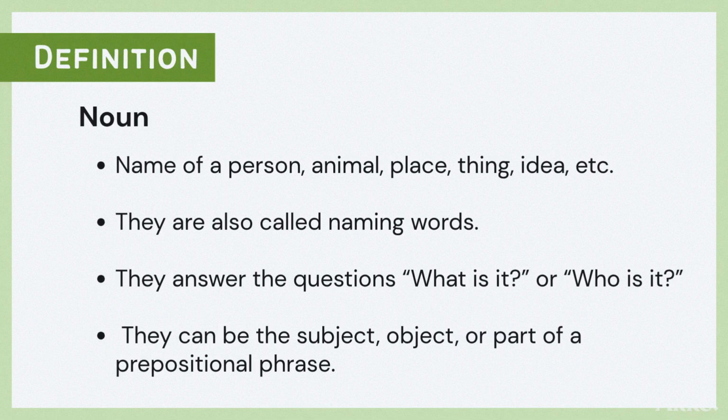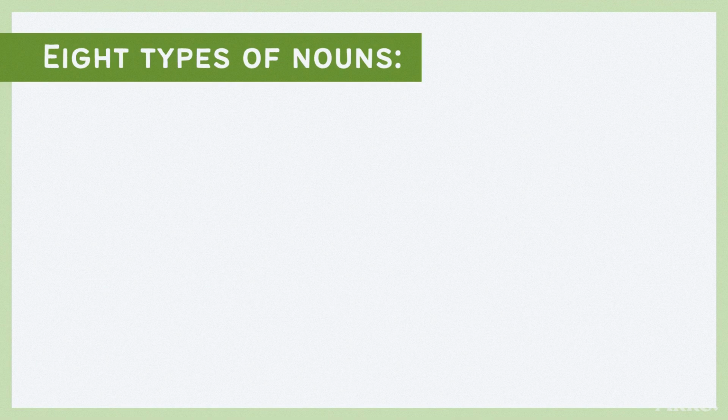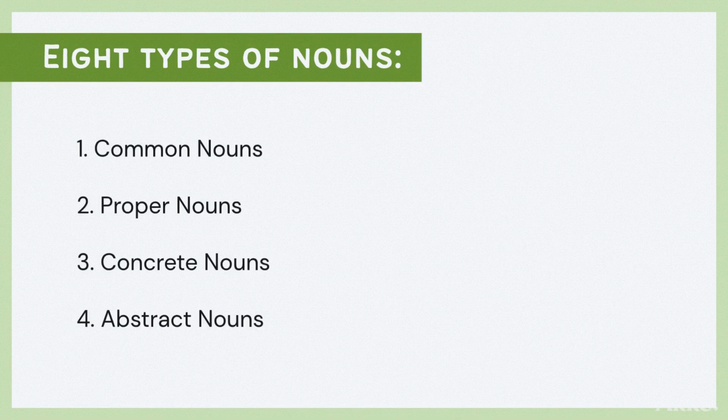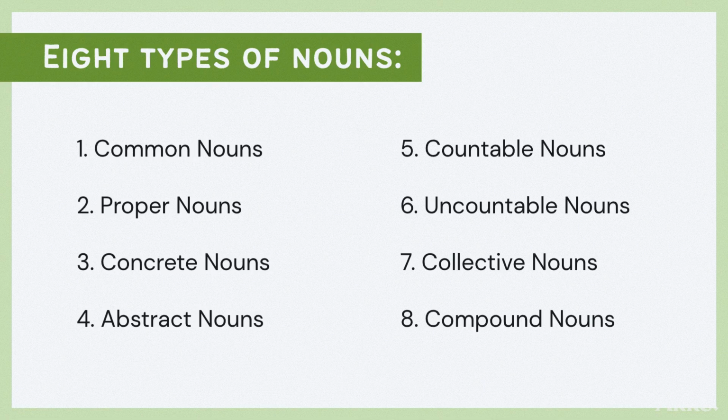And they can be the subject, object, or part of a prepositional phrase. We have 8 main types: common, proper, concrete, abstract, countable, uncountable, collective, and compound nouns. Let's review them very quickly.